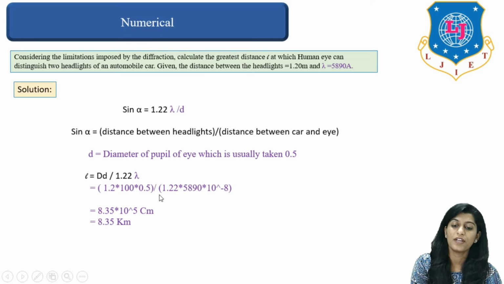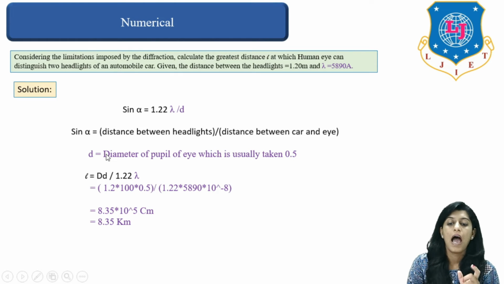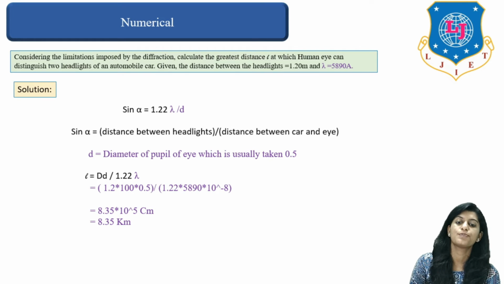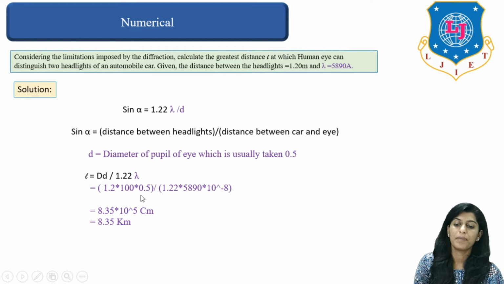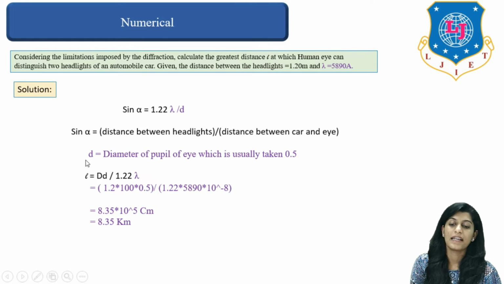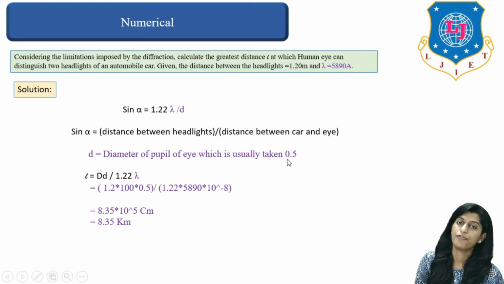So what is 0.5 here? 0.5 is small d. What is small d? Small d is basically the diameter of the pupil of the human eye, and it is usually taken as 0.5 centimeter, right? So we have simply put 0.5 here.